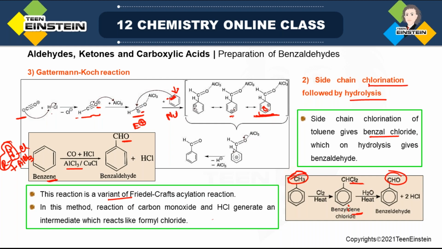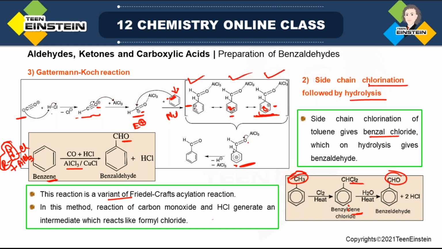So see, the positive charge is here. After shifting of this double bond, the positive charge is shifted here. Then again, when this double bond changes its position, the positive charge is here. So these are the different resonance structures possible. The average structure is this one, written with a dotted line, which means it is the average of these three structures.